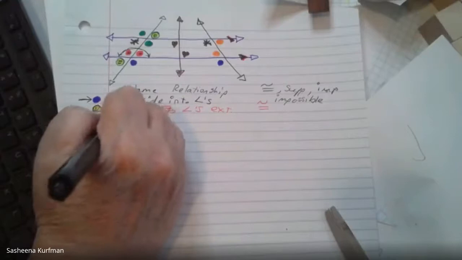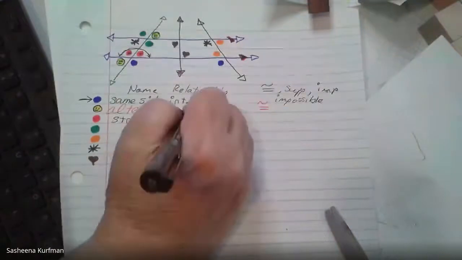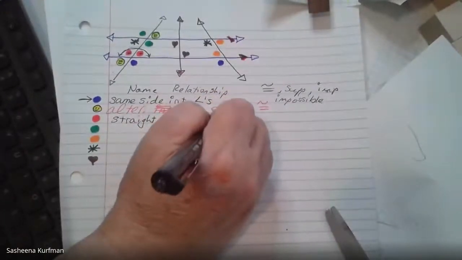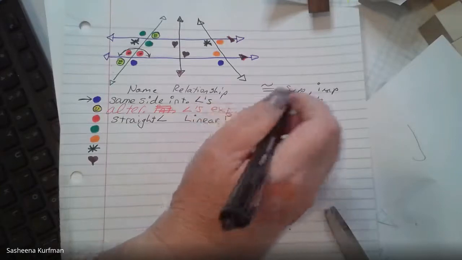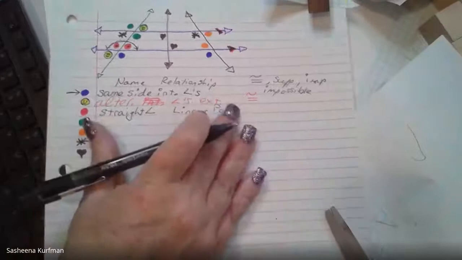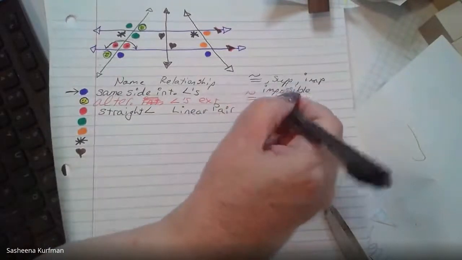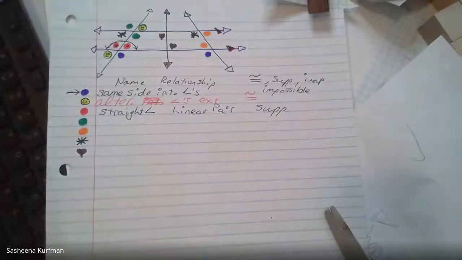So I could call them a straight angle, or I could call them a linear pair. They're a pair of angles that make a line. I like linear pair best, but you would get it right no matter what. And then linear pairs are always supplementary. They always add up to 180.